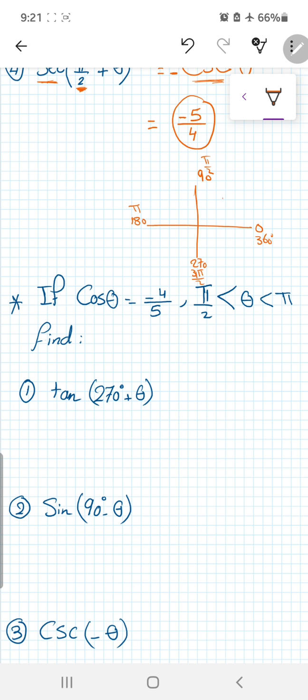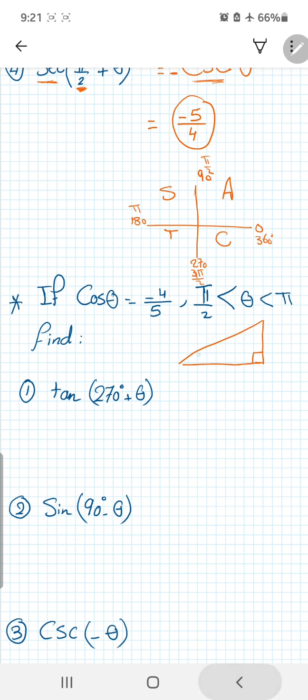Okay, asterisk rule. Here we have cosine theta -4/5. We want to get sine, tan, cotan, sec and cosec, so draw a right-angled triangle. Here we have theta, the adjacent is -4 and 5 is the hypotenuse.